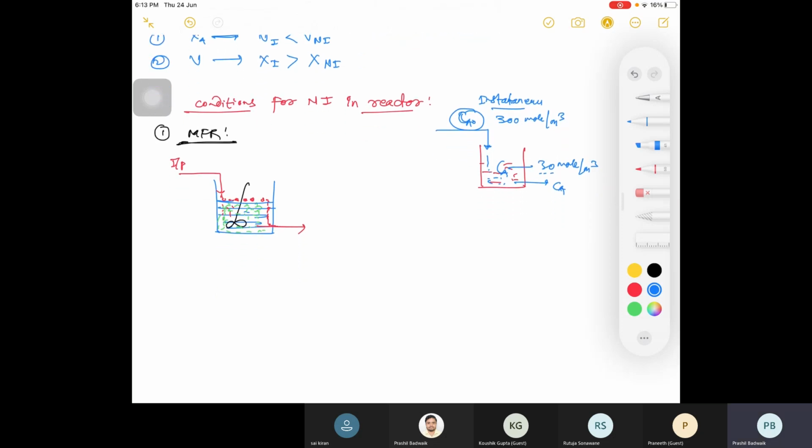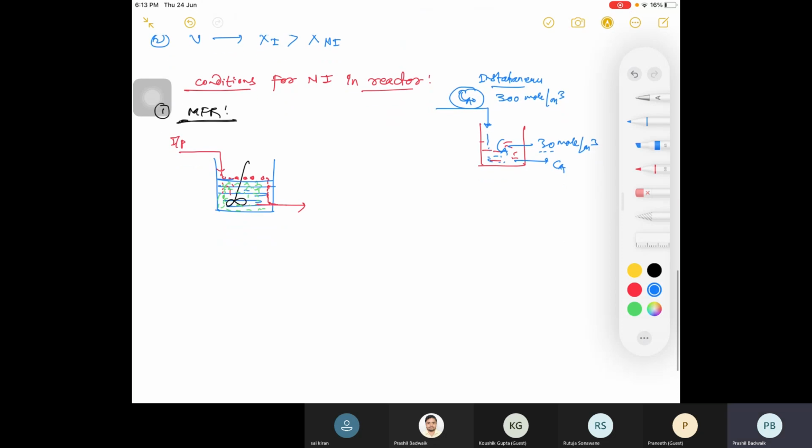Second is you have this reactor. These are the molecules which are coming in, right? So the molecules which went to this portion, they are not coming back, right? They just entered and they stayed there.